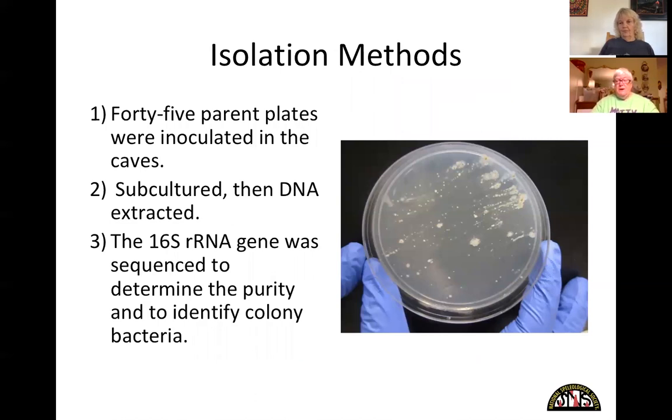Okay, so we're going to use each of those swabs to plate on different culture media. We used 3 different types of culture media, all of which are fairly low energy to more closely mimic conditions in the cave.